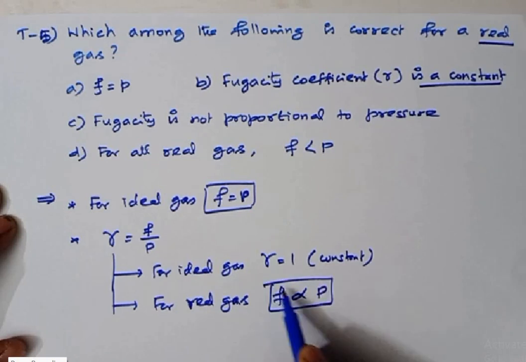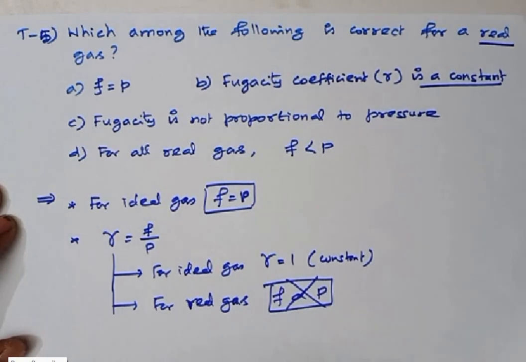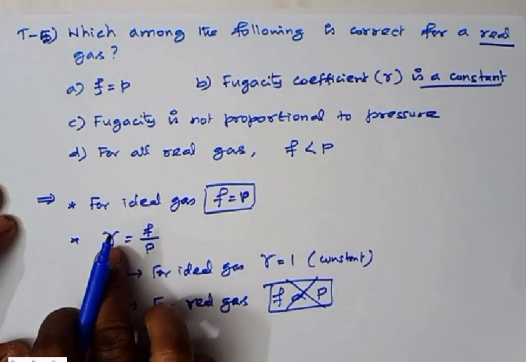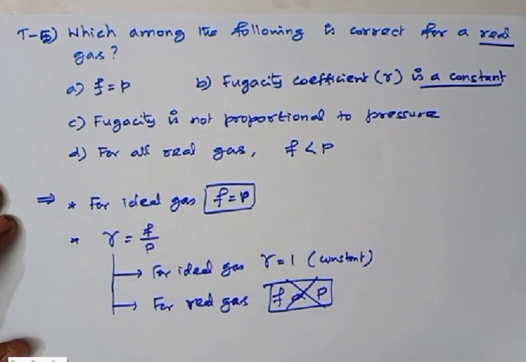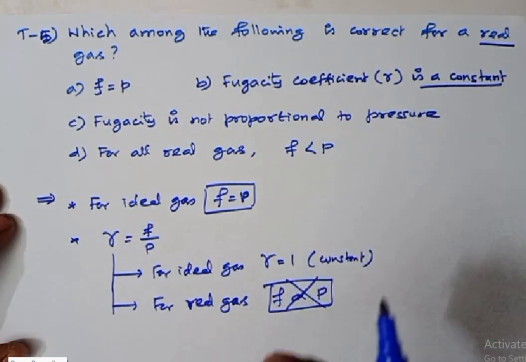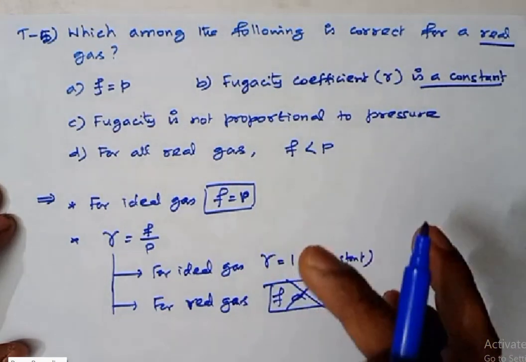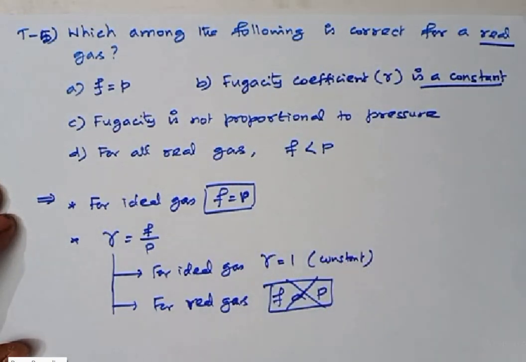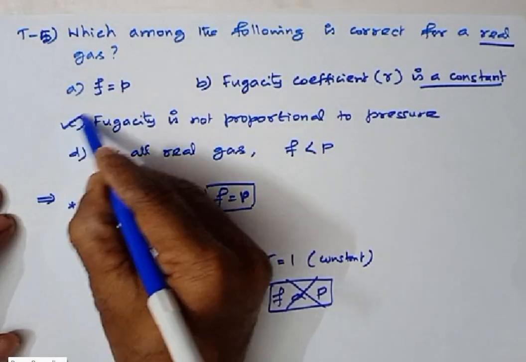F and P are not proportional to each other. Therefore, the fugacity coefficient is not a constant. For different pressure values, you will get different fugacity, and the ratio of fugacity to pressure is not a constant. So gamma is not a constant. Keep this in mind. Very important, because fugacity and pressure are not proportional. Yes, the correct option is C.